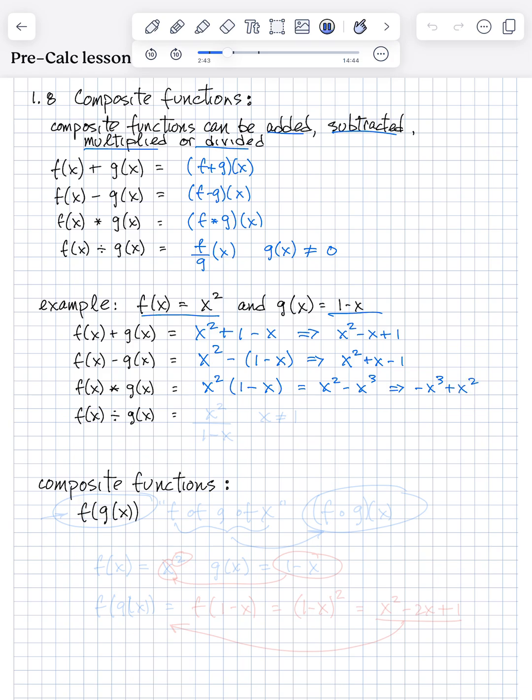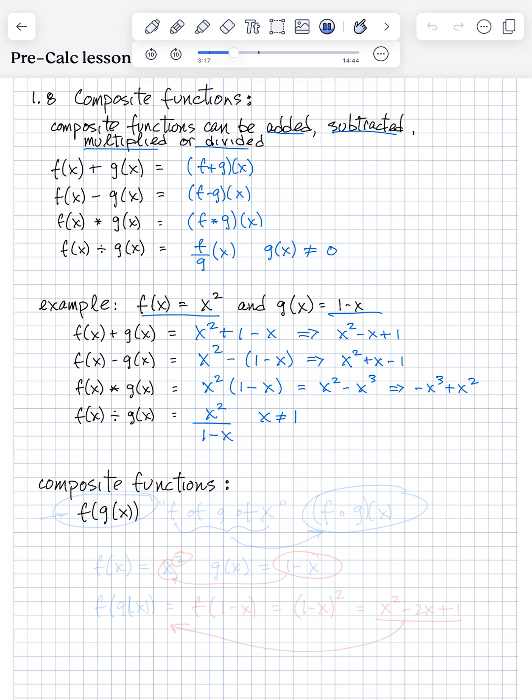And then dividing, so we're going to f of x, which is x squared, divided by g of x, which is 1 minus x. And then we have to specify the domain. X is not equal to 1.